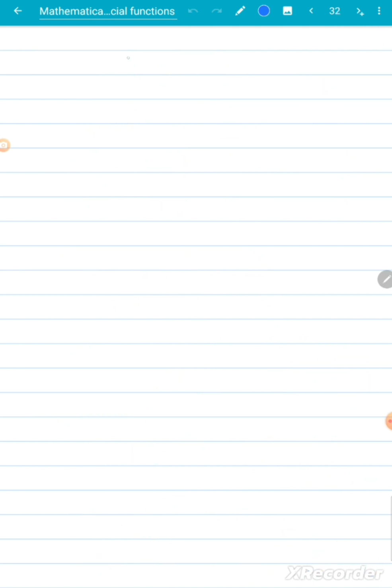So this is equal to 1/4 into pi by sin of 3 pi by 4. This is equal to pi by 2 root 2.